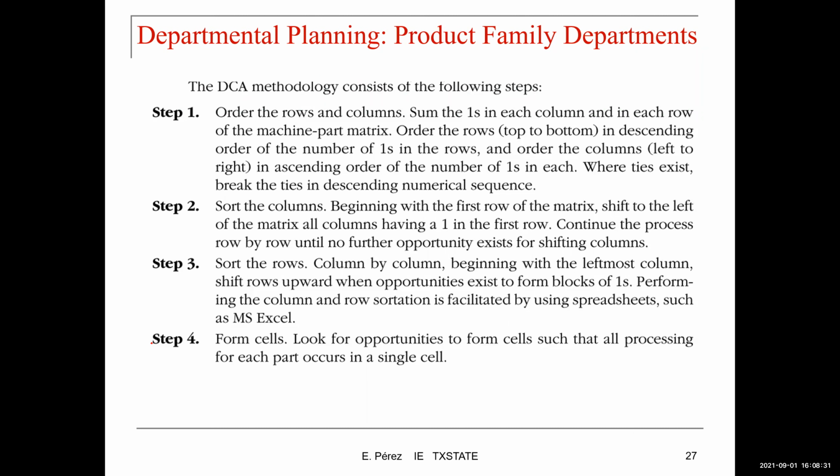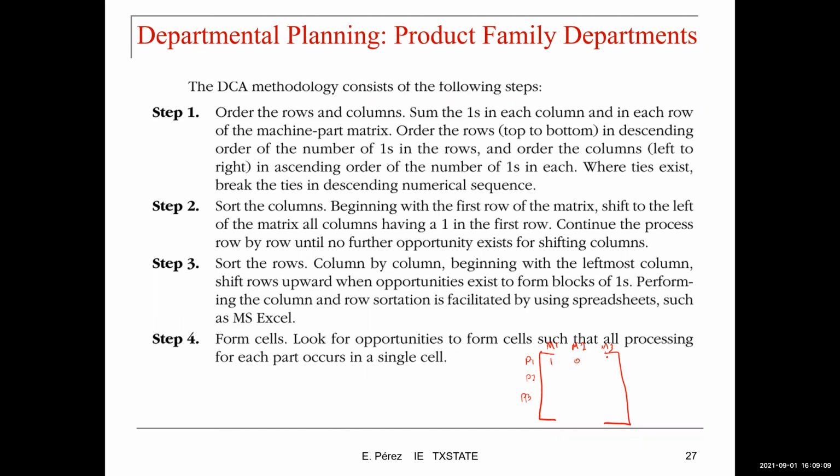Okay, so the idea is that you have a matrix like this. You will have information about the machines and the products, and a 1 is going to tell you, okay, part 1 needs to be processed by machine 1. If there's a 0 or an empty space, that means that part is not going to be processed by machine 2.